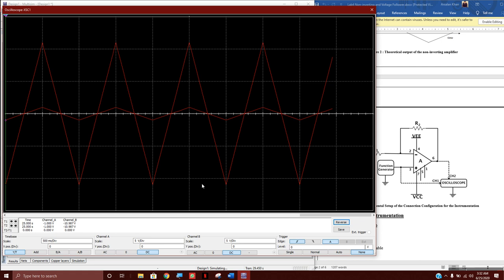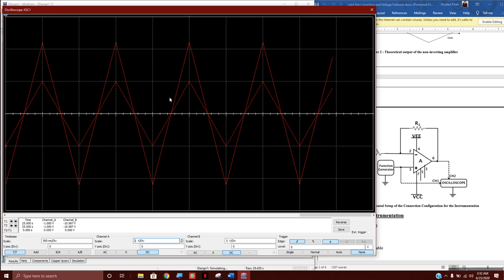The difference is that here this is in line with your output. If I make the input a bit bigger and bring it here, you can see it's not inverting. It's not inverted like in lab number 3, where we were looking at an inverting amplifier, where when the input was going up the output was going down.